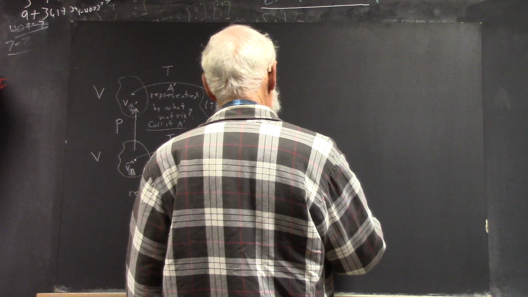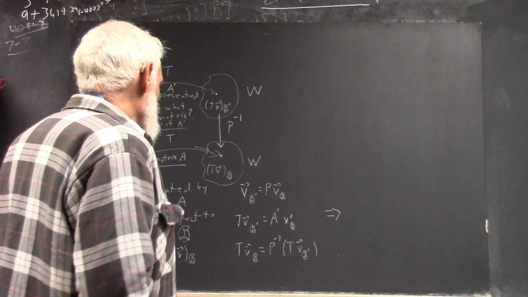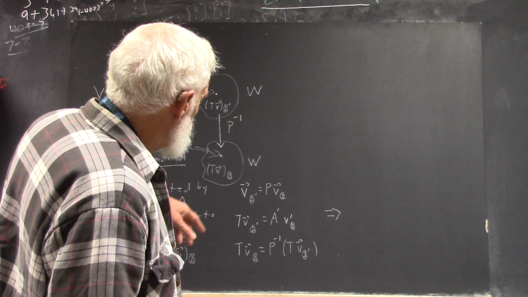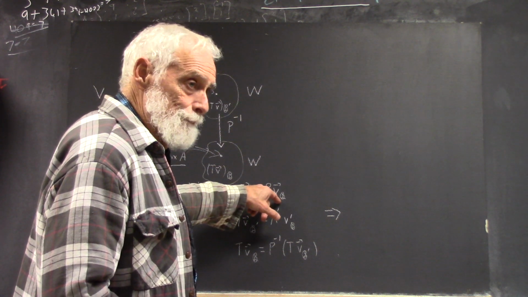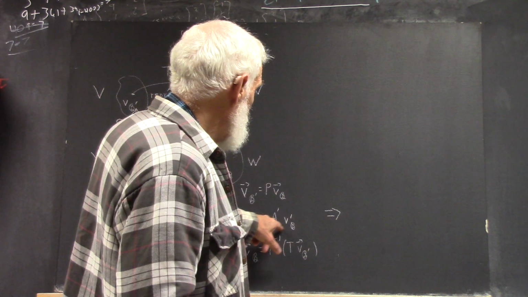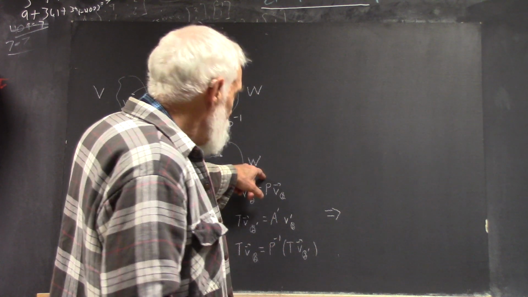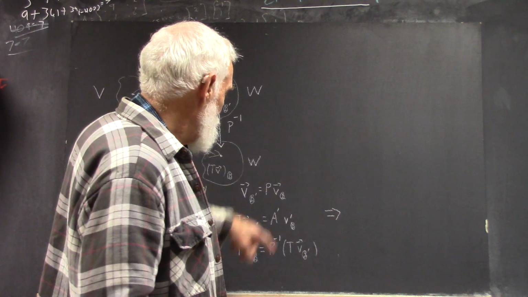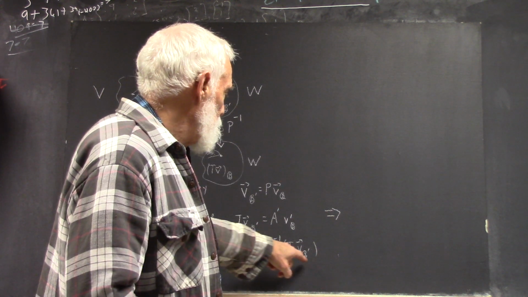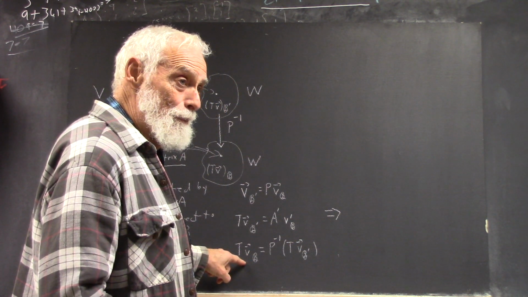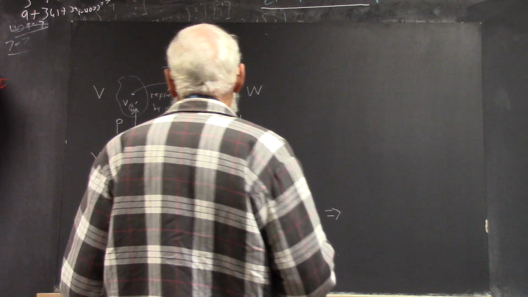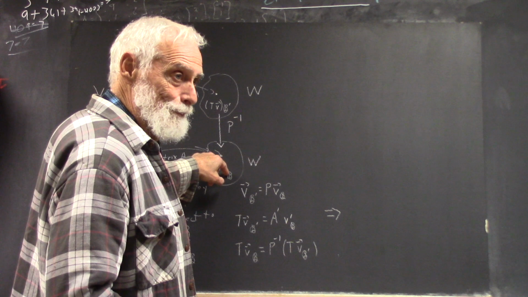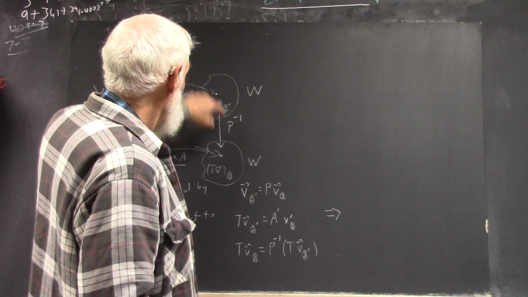And all this implies then V_B prime is P V_B, right? So A prime V_B prime is A prime times P V_B. And then if you do P inverse times that, you get back down to this one, right? So to get from here to here, you can apply this, this, and this in turn: P, A prime, P inverse.